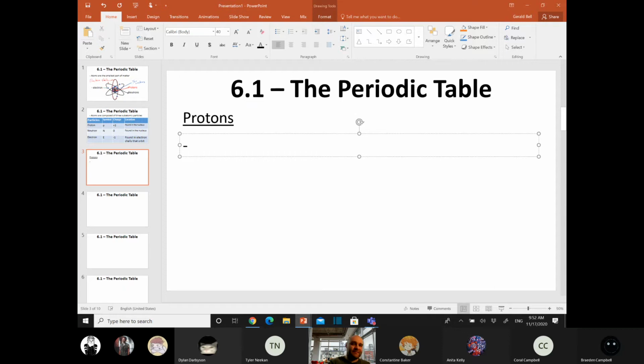Okay, protons. And again, hopefully you guys have already grabbed a periodic table. Make sure you got one. Protons. These are different for every element. So it's kind of like the fingerprint. It's how we figure out what element we're talking about is by the number of protons it has.